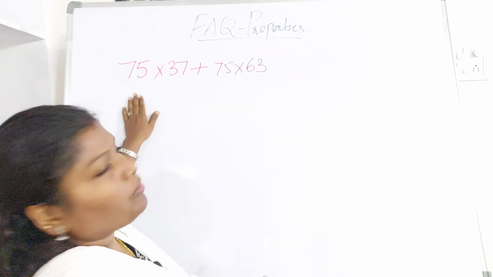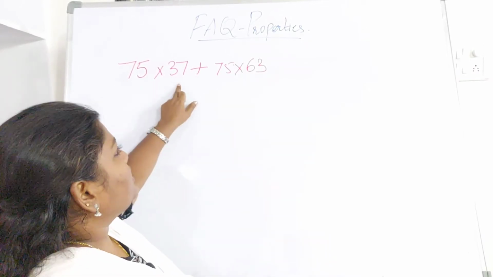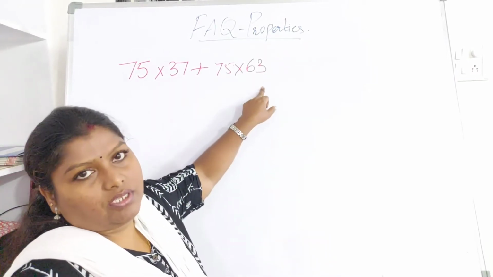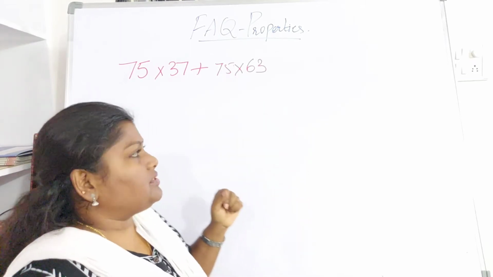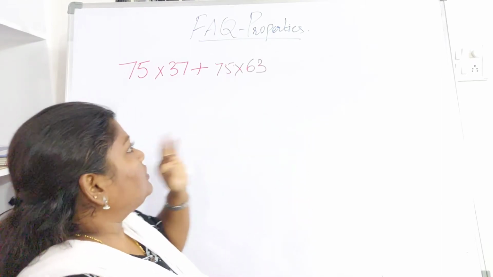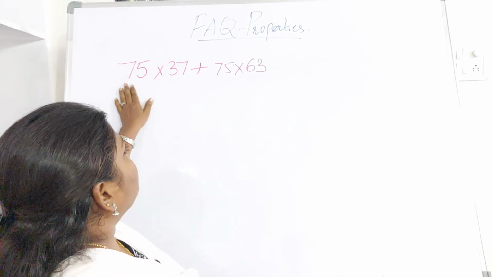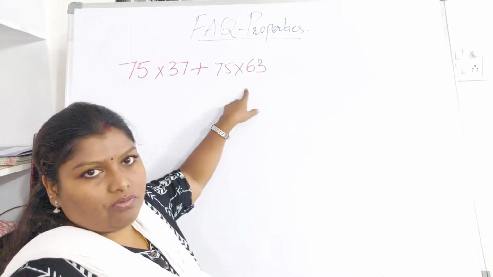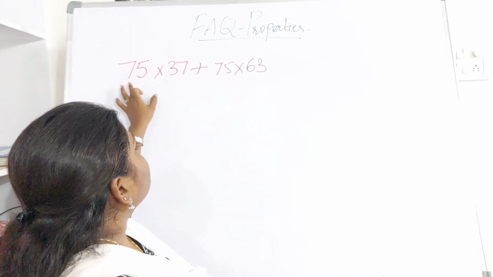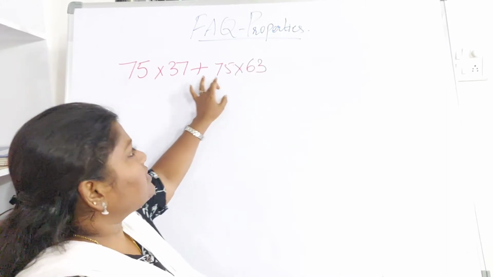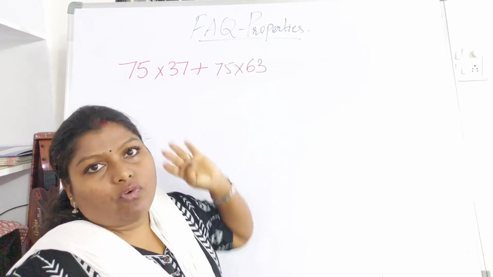Now this is the next problem I am taking, that is 75 into 37 plus 75 into 63. Now in the earlier problem you might have seen there are only 3 numbers, but here you can see that there are 2 operations involved and the number is 75 into 37 plus 75 into 63, that is 4 numbers here.